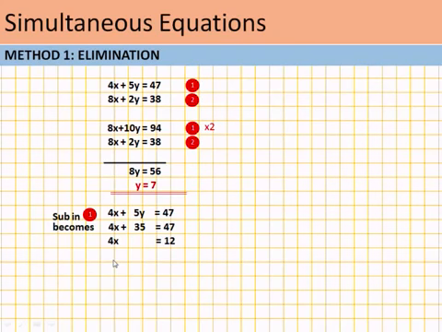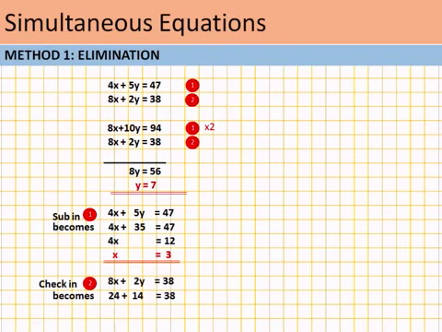Take away 35 from both sides to leave you with 4x equals 12. And divide both sides by 4 to leave you with x equals 3. So x equals 3 and y equals 7 is the solution to this thing, which means that those values work in both equation 1 and equation 2.